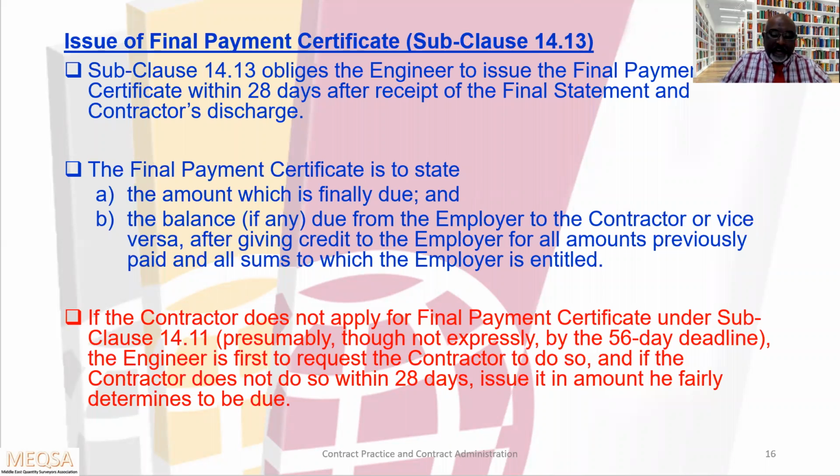Let's say if a contractor realizes he has to pay back to the employer, then he will not submit. That is not ethical. So in that case, the engineer has to request the contractor to submit the final statement. Otherwise, he has to issue the amount he fairly determines to be due.